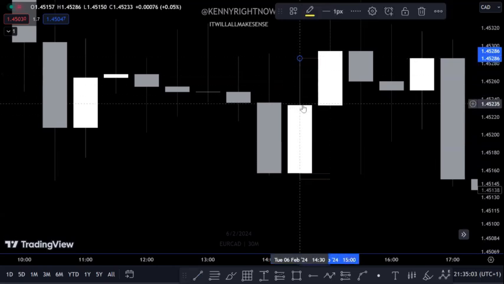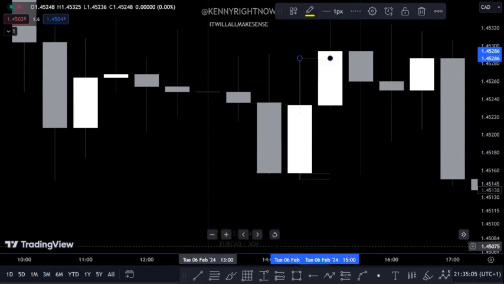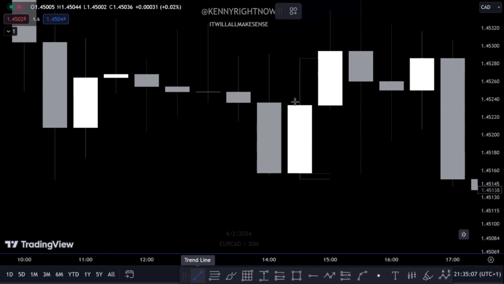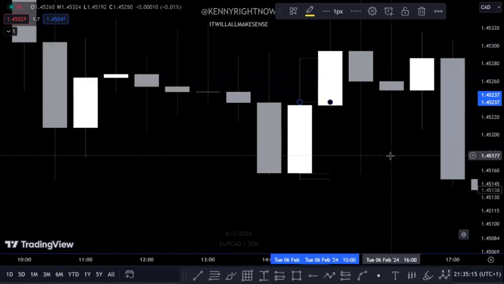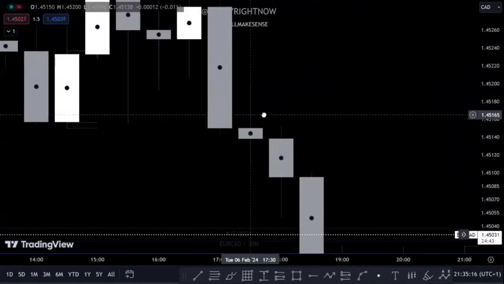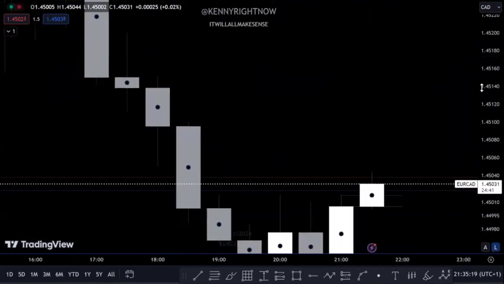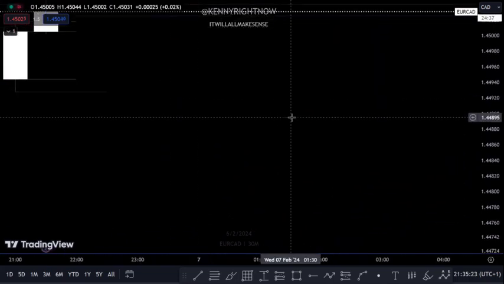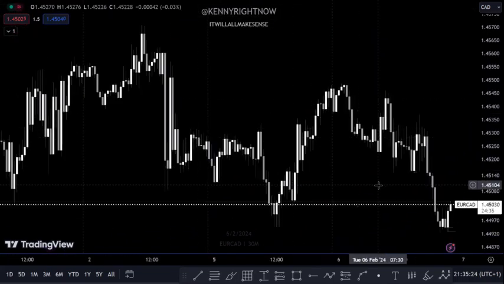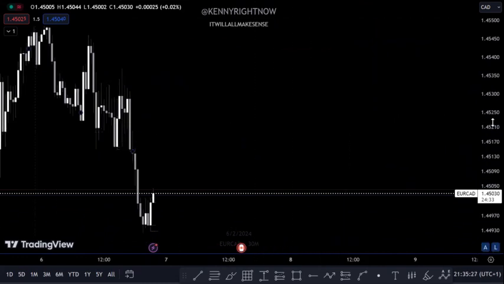And price drops back down. And what happened next? We have the close. This is the close right there. Okay, so you can go and mark that out wherever you go on any time frame on your chart and you understand what I'm talking about. Okay, so that is a bullish representation of candlesticks.